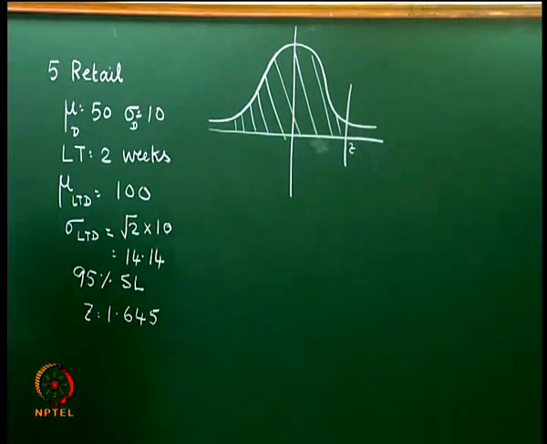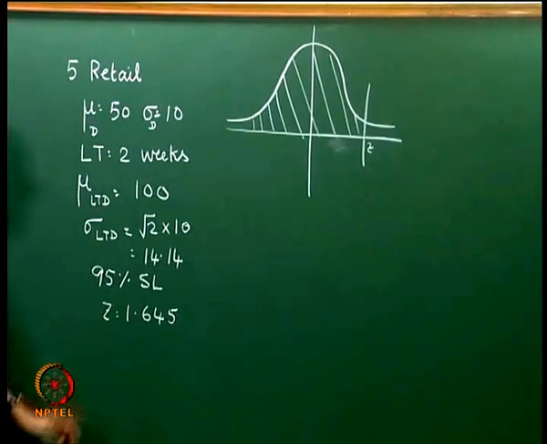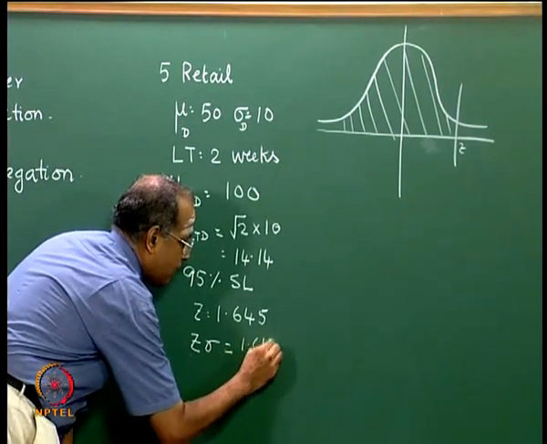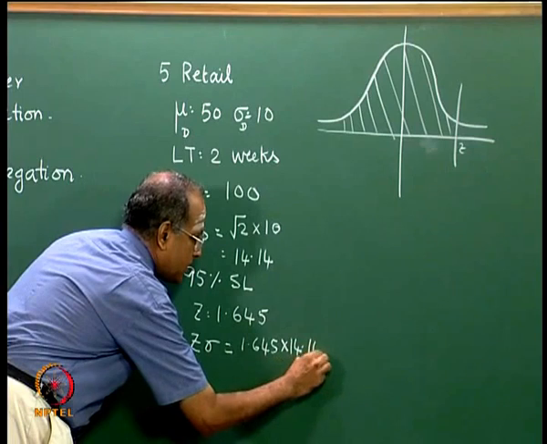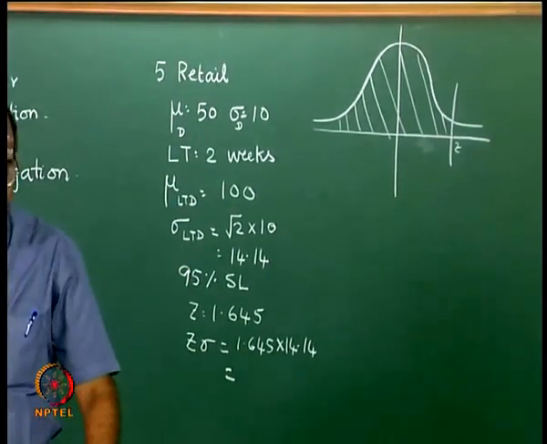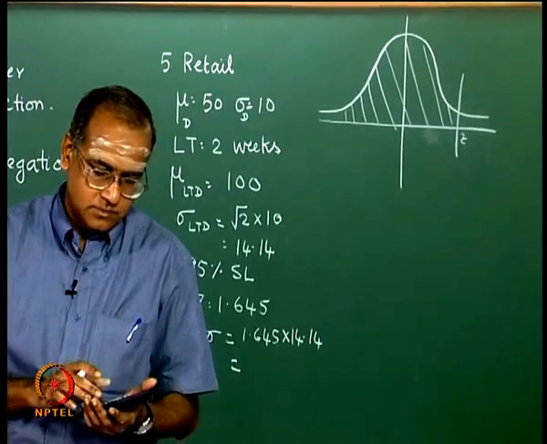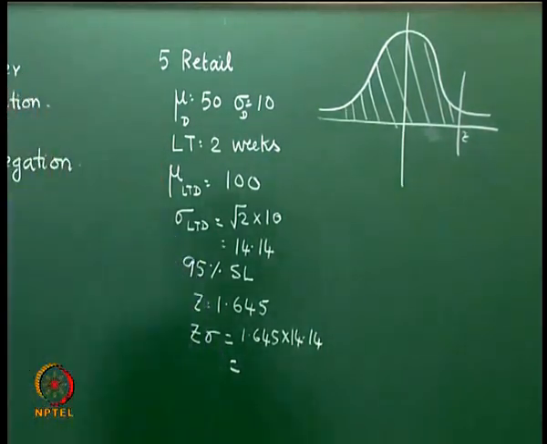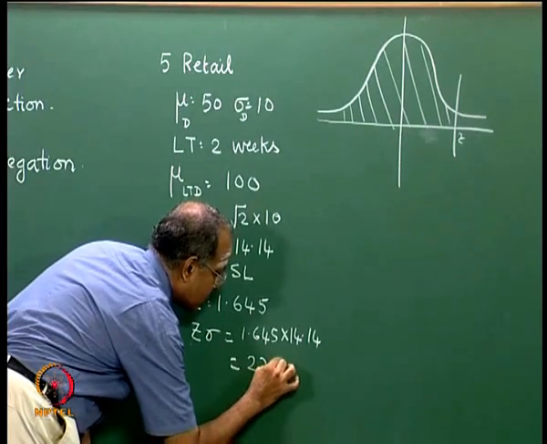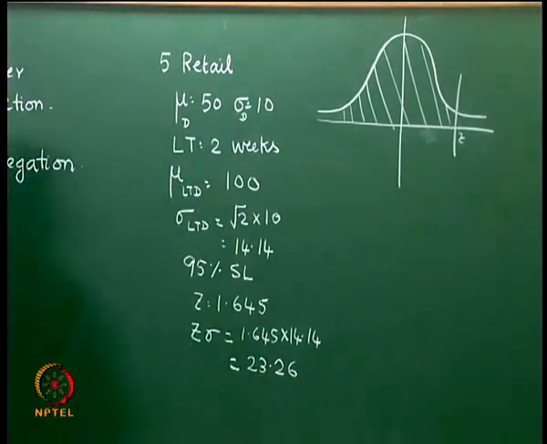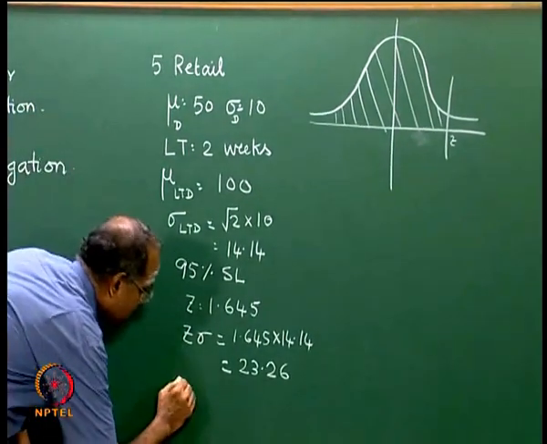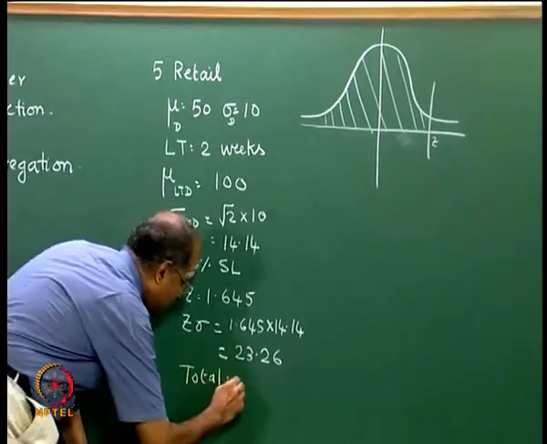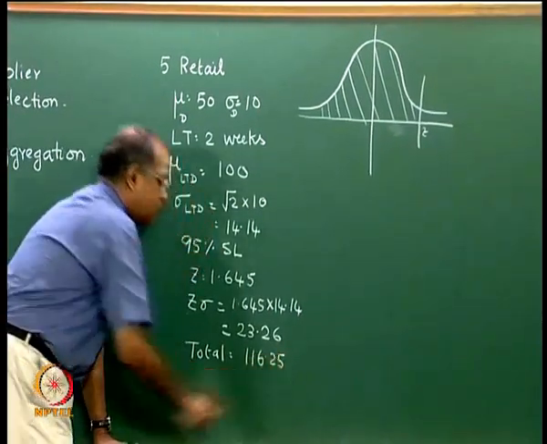So, the safety stock that each retail store will be having is Z sigma, which is 1.645 into 14.14, which would give us 23.26, and the 5 retail stores will have a total safety stock of 23.26 into 5, which is about 116.25.